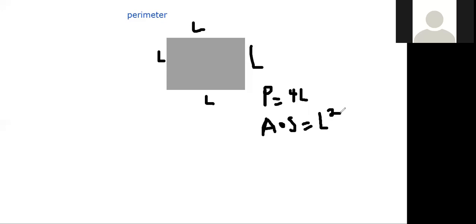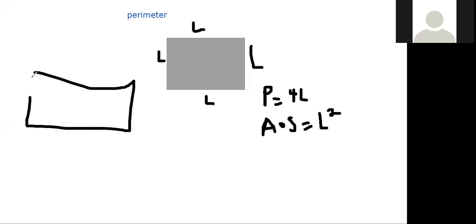This you already know. Now if you have a rectangle, it has 2 lengths and 2 breadths. So if you have a rectangle like this, this is the breadth and this is the length. The perimeter of a rectangle will be 2 of the lengths plus 2 of the breadth, or width.